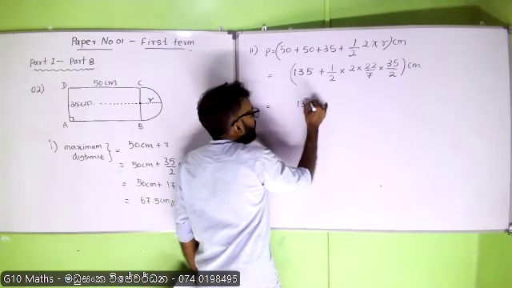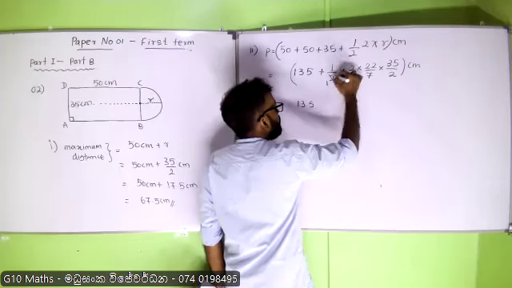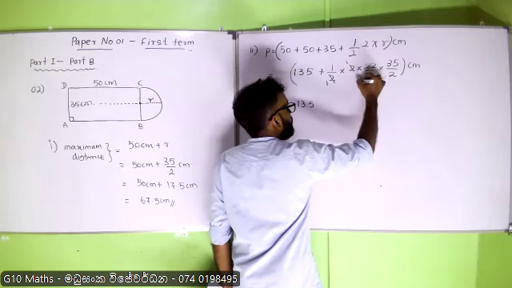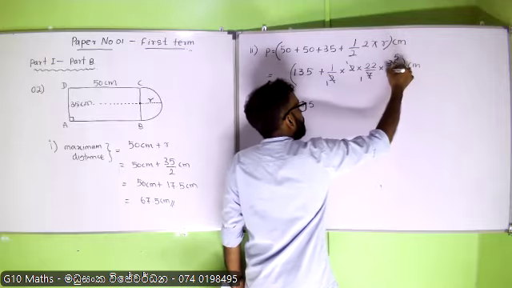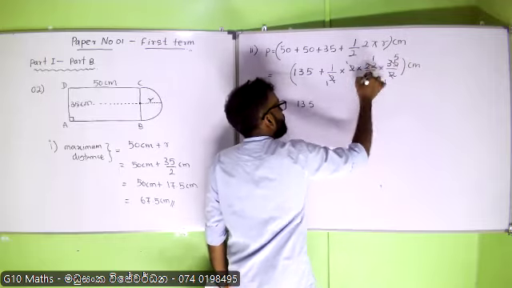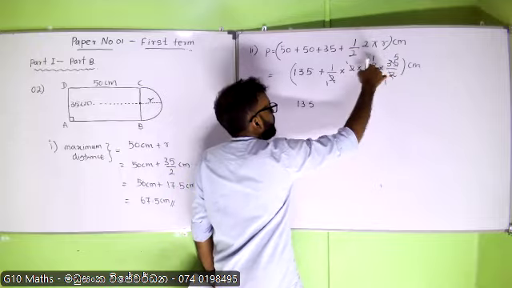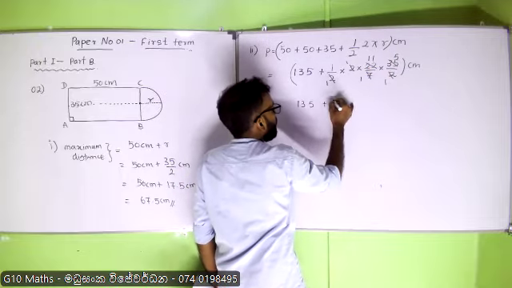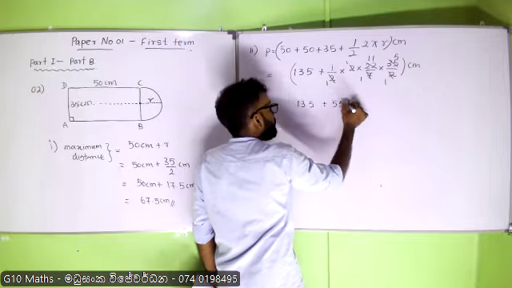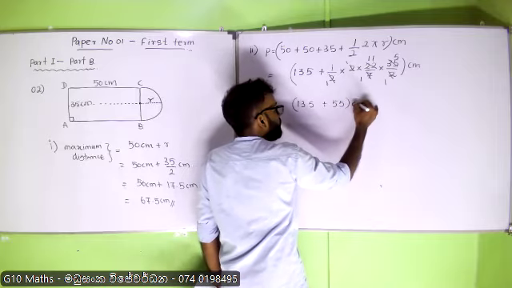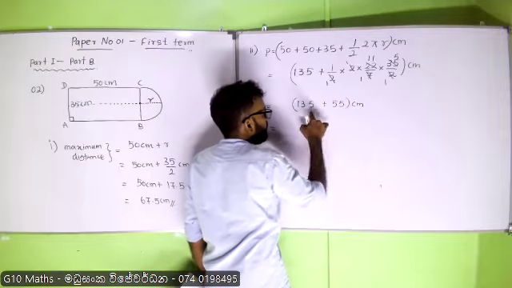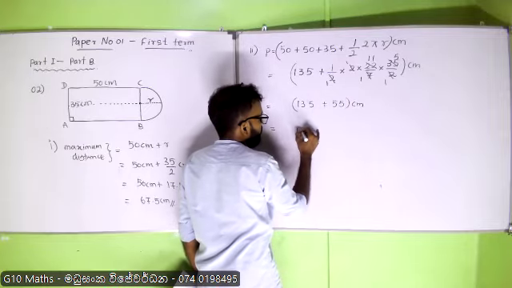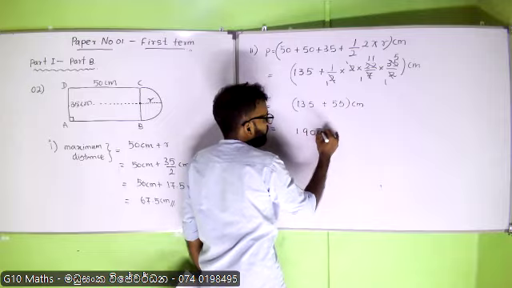So 135, simplify. 2 times 1, 2 times 1, 7 times 1, 7 times 5, 2 times 1, 2 times 1, sorry, 11, 55. Centimeters, you will get 190 centimeters.